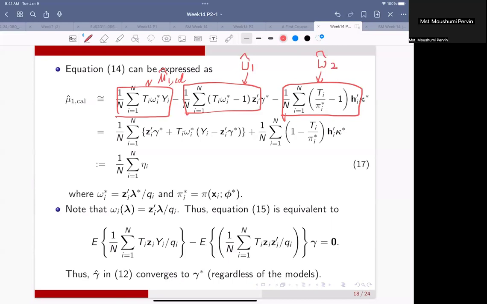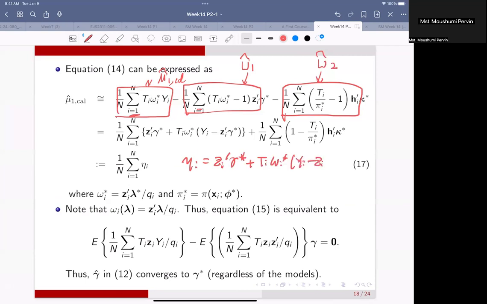And u hat 1 and u hat 2 are all linear functions. So basically this is a summation, right? You look at this. They are all single summations here. So then you can actually write down everything. It's a summation of eta i. So that's the end of the day. So what is the eta i? Eta i is z_i prime gamma star plus omega i star (y_i minus z_i).